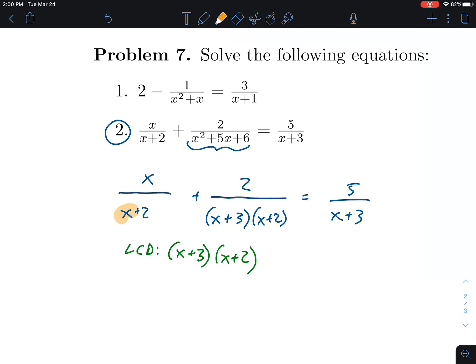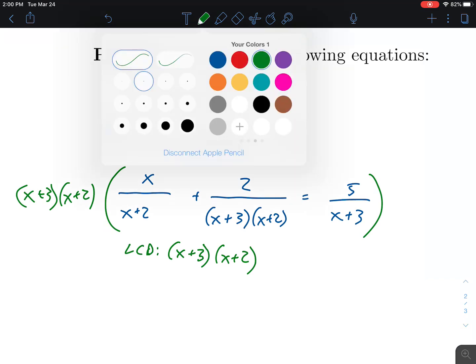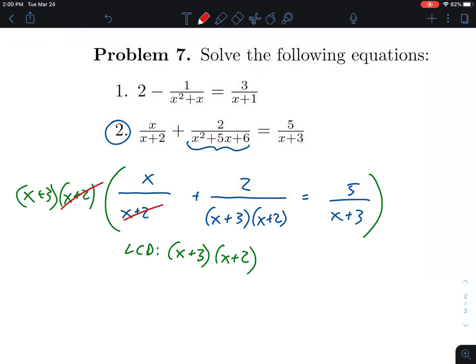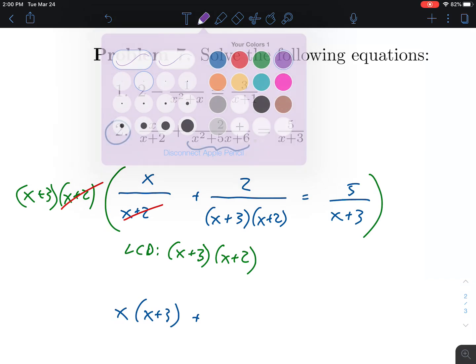Each denominator, this one and this one, makes up this. It's just that it needs something else. So if we multiply, as we saw in the first long distance learning, we multiply by the LCD, my x plus 2 will cancel here. So I'm multiplying my x by x plus 3.